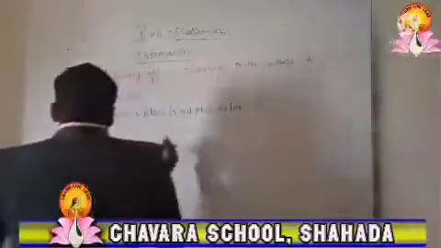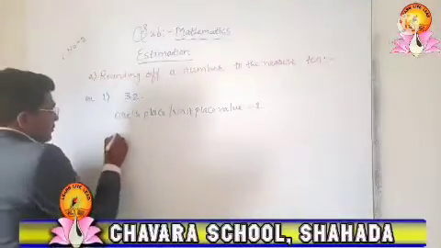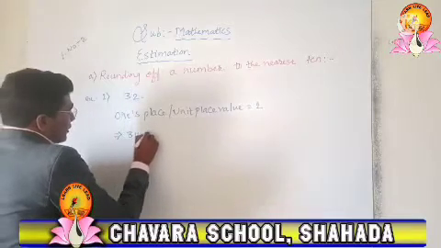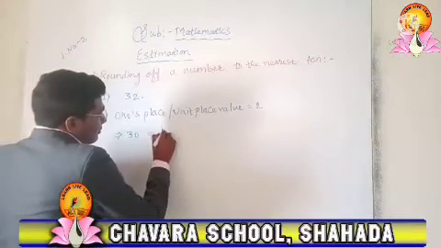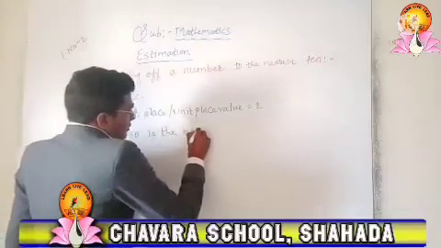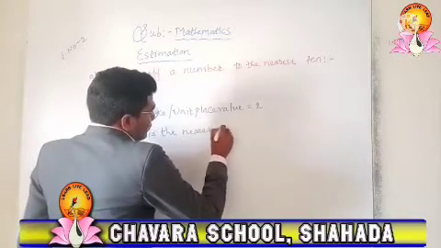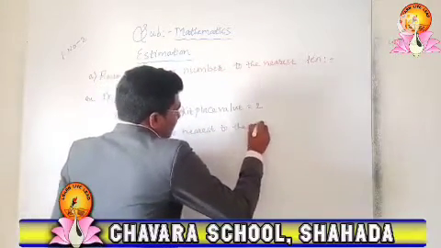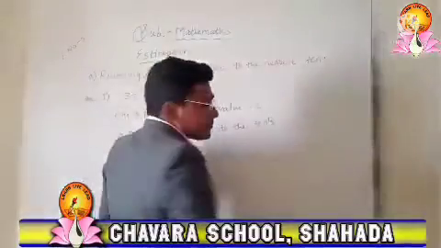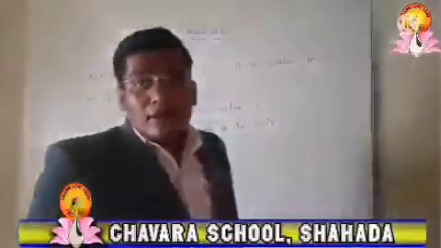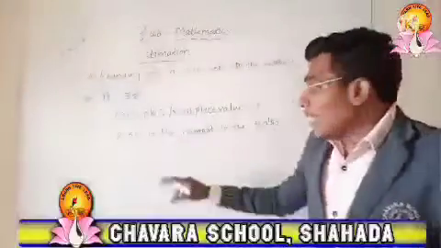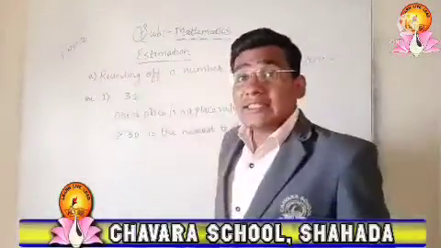Means the nearest 10 value will be 30. So 30 is the nearest to the tens. This is for when the unit place value is less than 5.